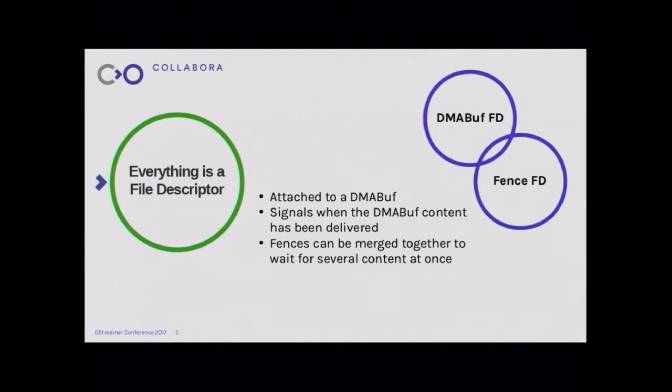The fence is actually a signaling mechanism. You can poll it, you can select on it, and it will tell you when the content of the DMA buf is fully written. Fences can be merged together, if you want to wait for multiple buffers to be ready.